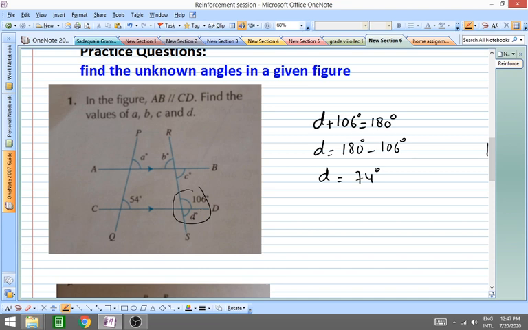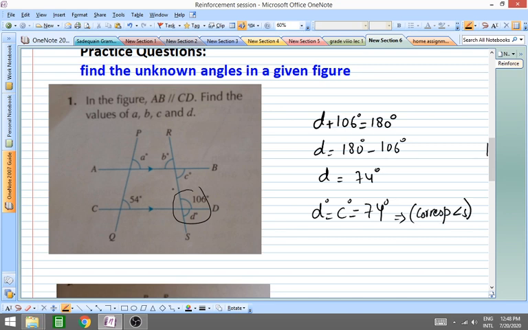Now you can see D and C are corresponding angles. So you will write D is equal to C is equal to 74, as they are equal by the definition of corresponding angles.